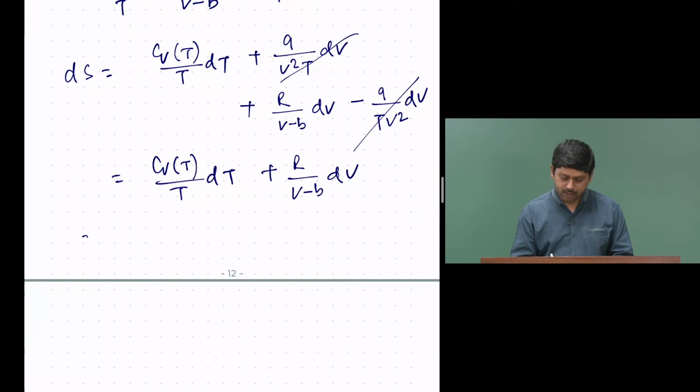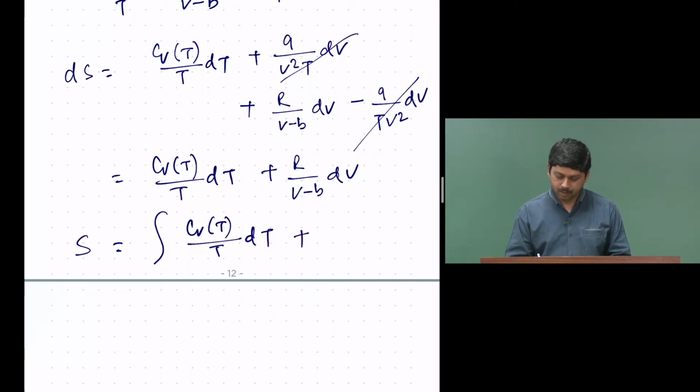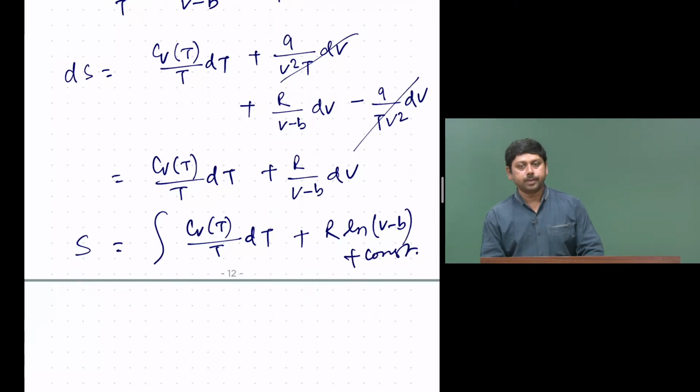Now, integrate both sides. We cannot do the integration of the first term because we do not know the form for Cv, and here we can get R ln (v minus b) plus constant. So, that will be the expression of entropy.